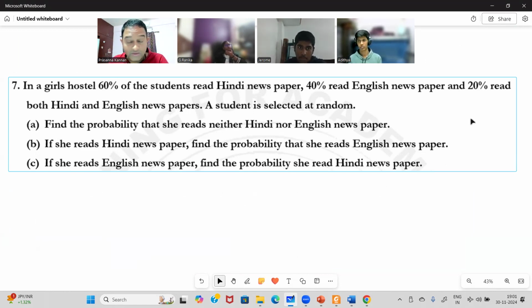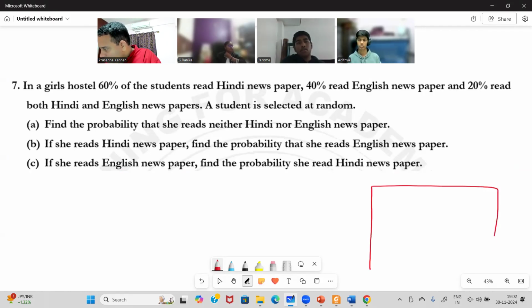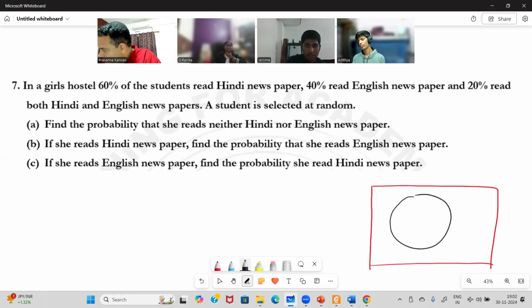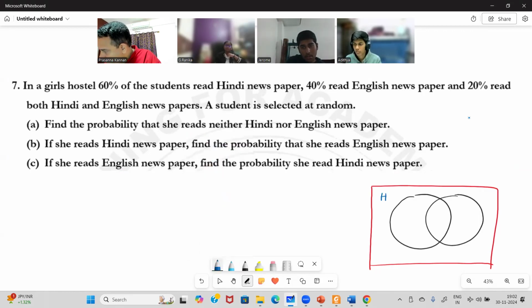Okay. So here, if you remember in sets, you would have done some word problems based on this, right? Based on Venn diagram, you would have learned, correct? So let's say this refers to Hindi newspaper, and let's say the circle refers to English newspaper, correct? 60% read Hindi newspaper.